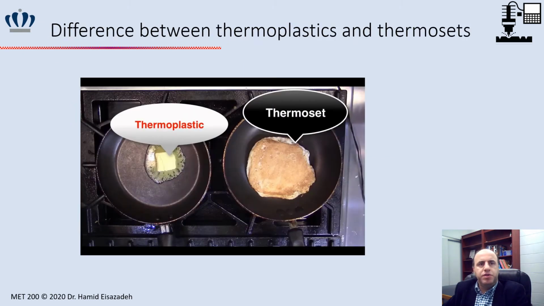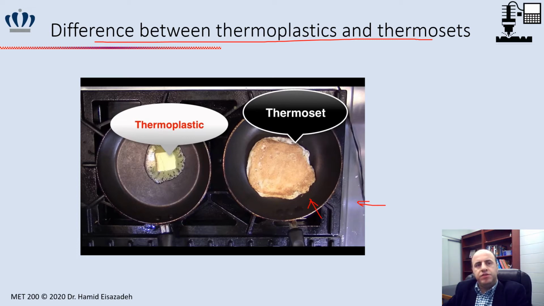The difference between thermoset and thermoplastic: the response of thermoset plastic to elevated temperature is similar to cake and egg. If the cake, for example, here is baked or cooled, then the reheating does not change the shape of this cake, right?